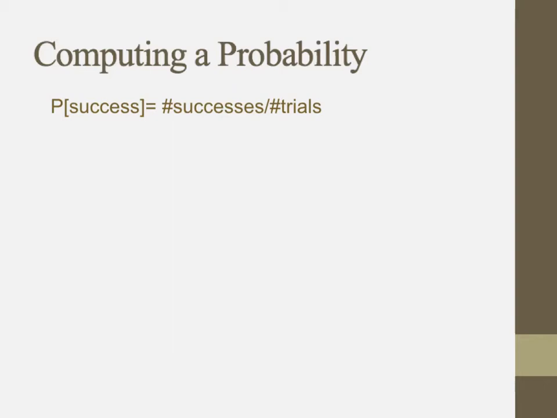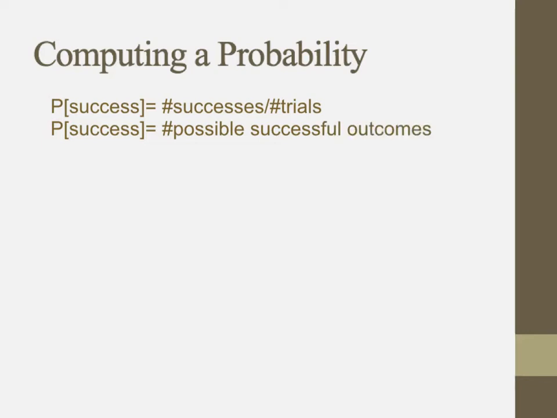Now, the other way of doing this, and the other way of thinking about probability of success, is to look at probability of success as equaling the number of possible successful outcomes and dividing that by the total number of possible outcomes.